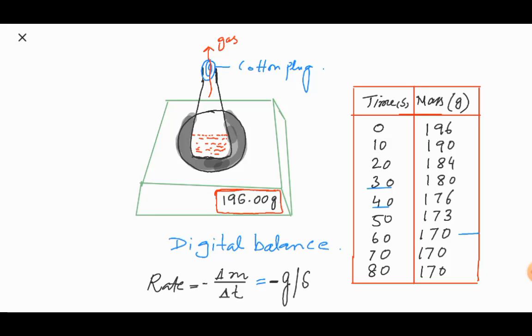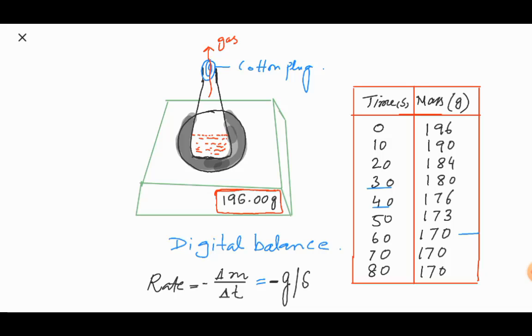But if we allow the gas to escape from the reaction mixture, as you can see here in this diagram, then there will be a decrease in the mass of the reaction mixture with the passage of time, because one of the products, which is gas, is going to escape from the reaction mixture.